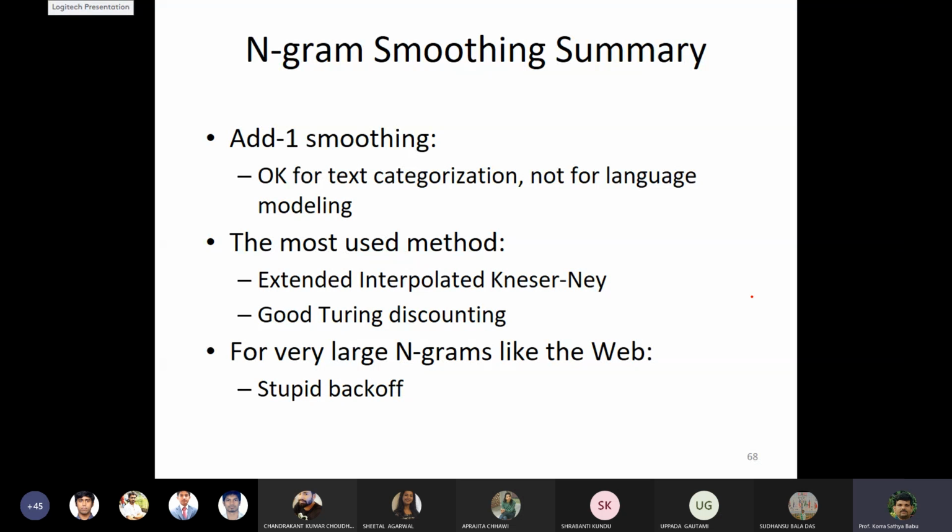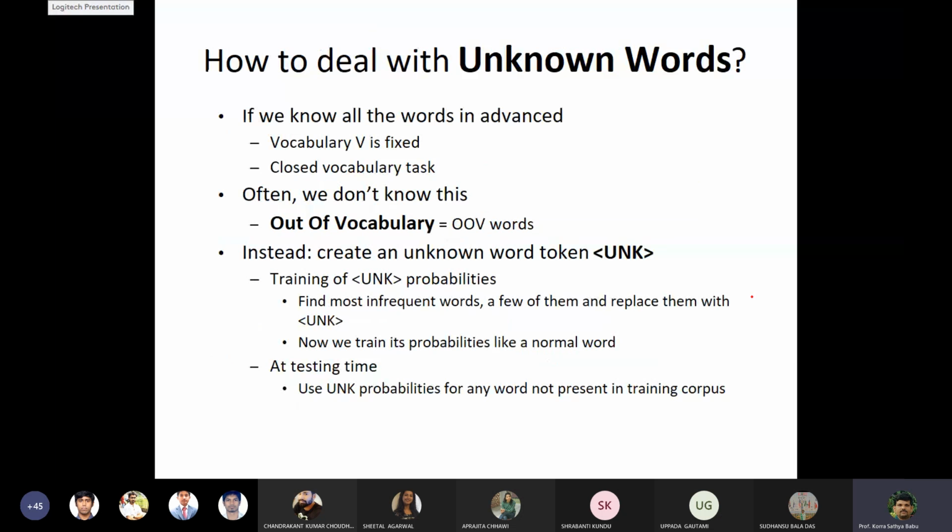How to deal with unknown words? This is another challenging thing. For the time being, suppose V is fixed. If it is a closed vocabulary, we do not have any problem. But if there are out-of-vocabulary (OOV) words, we try to create an unknown word token, UNK, and training of this unknown word token's probabilities can be done.